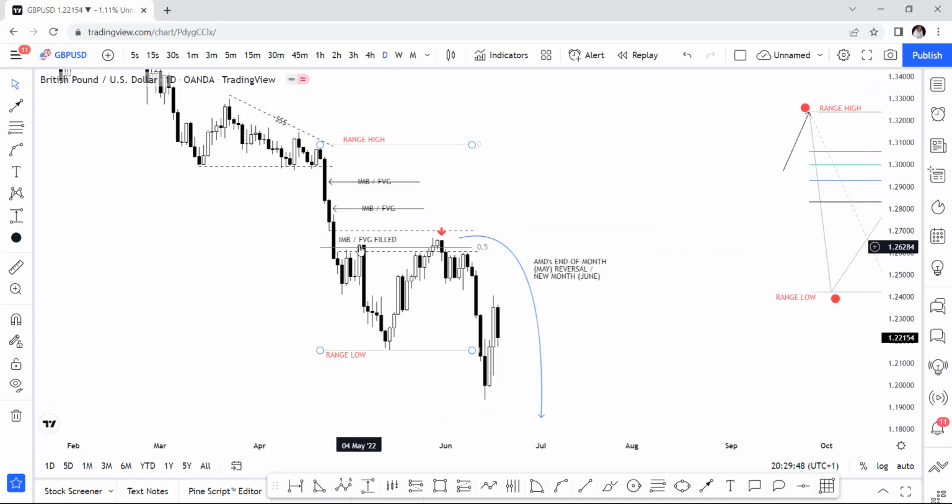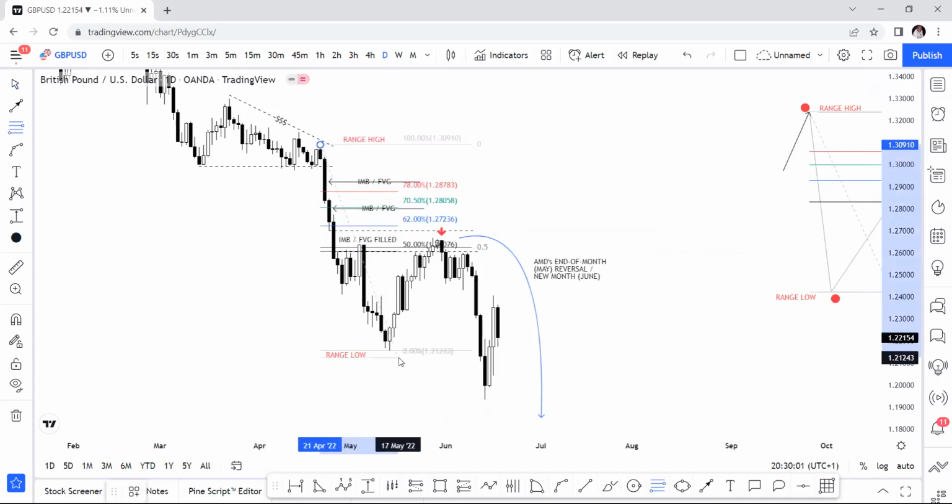You can see the first move here, the first imbalance that we identify, and it comes in conjunction with the Fibonacci levels. Not 50. This is not above it yet.